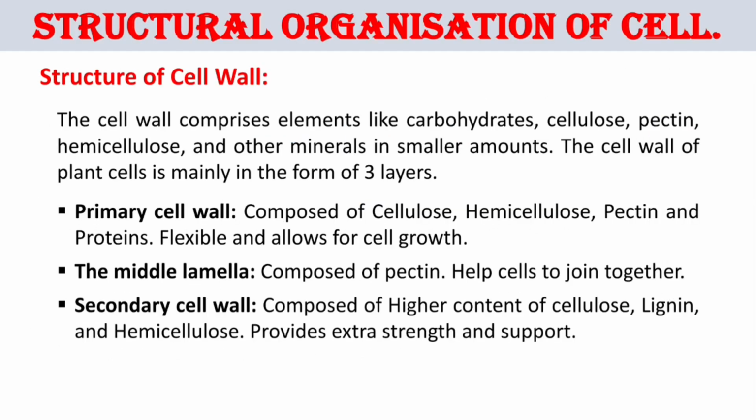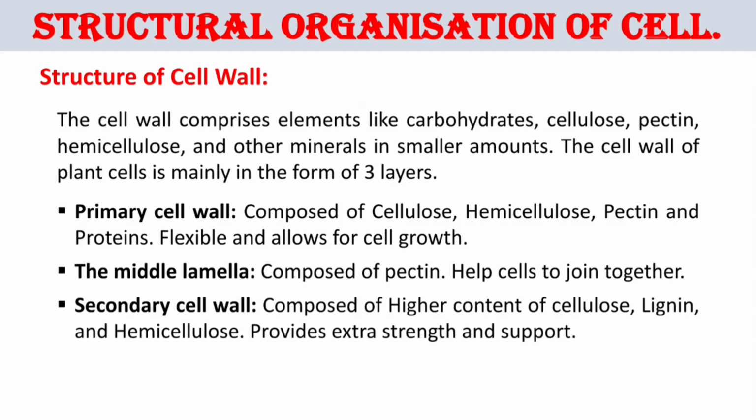Next, structure of the cell wall. The cell wall comprises carbohydrates, pectins, cellulose, hemicellulose and some other minerals in smaller amounts. The cell wall of a plant cell is present in the form of three layers: the primary cell wall, the middle lamella and the secondary cell wall.